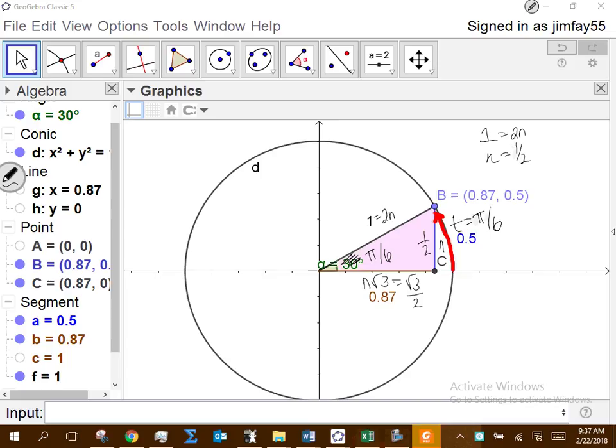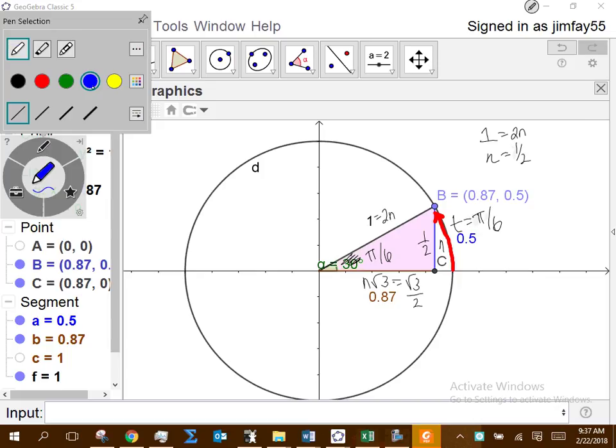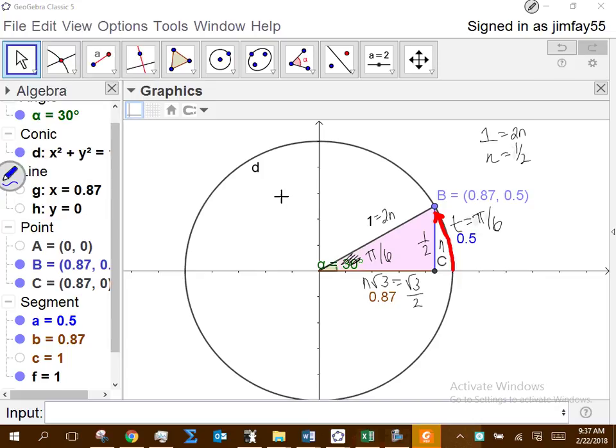Now here's the thing. Is the circle symmetric about the y-axis? So if I fold on the y-axis, when I say the word fold, it's really not a math word, okay? I'm looking at the idea of a reflection, right? I'm going to take this point, point B, and I'm going to reflect it over there.